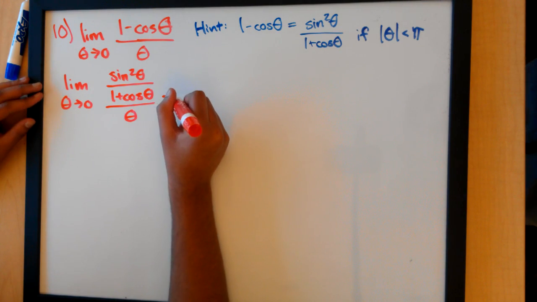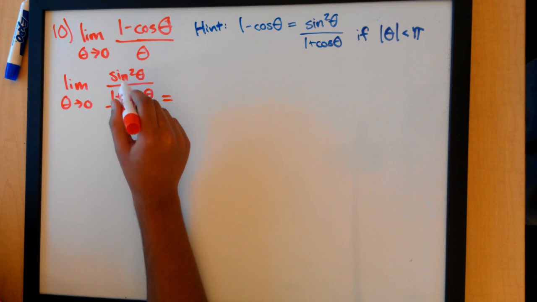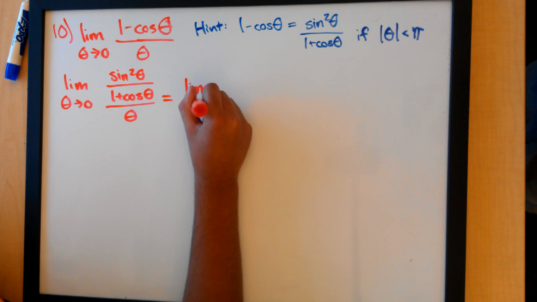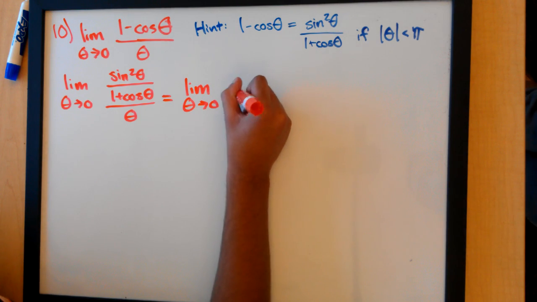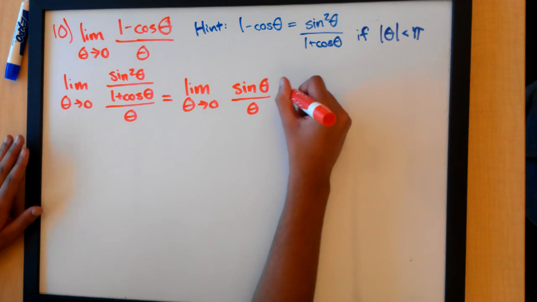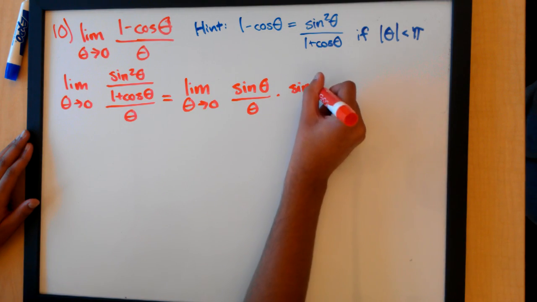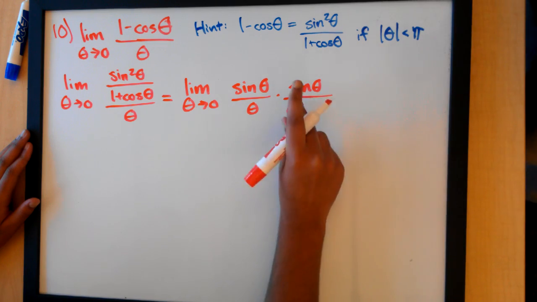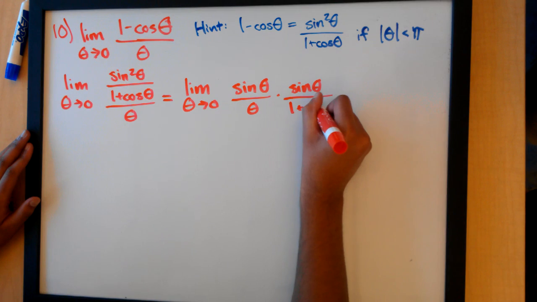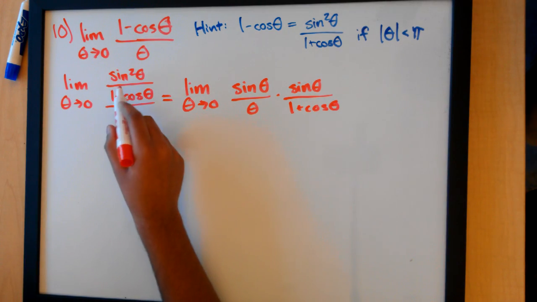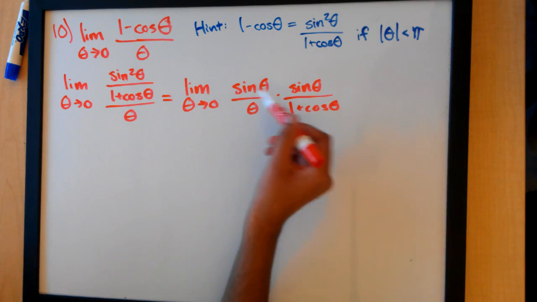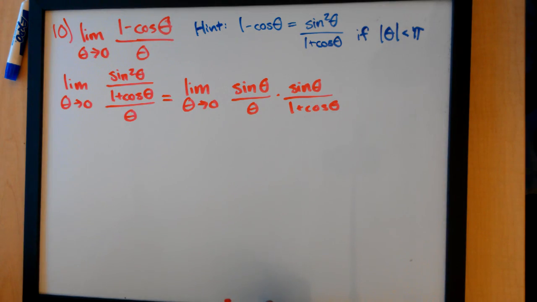And now if we try to get sine theta over theta as one of the fractions, we can rewrite this as sine theta over theta times sine theta divided by 1 plus cosine theta. And here we've just moved the 1 plus cosine theta into the denominator and split up the sine squared theta into two terms multiplied by each other.